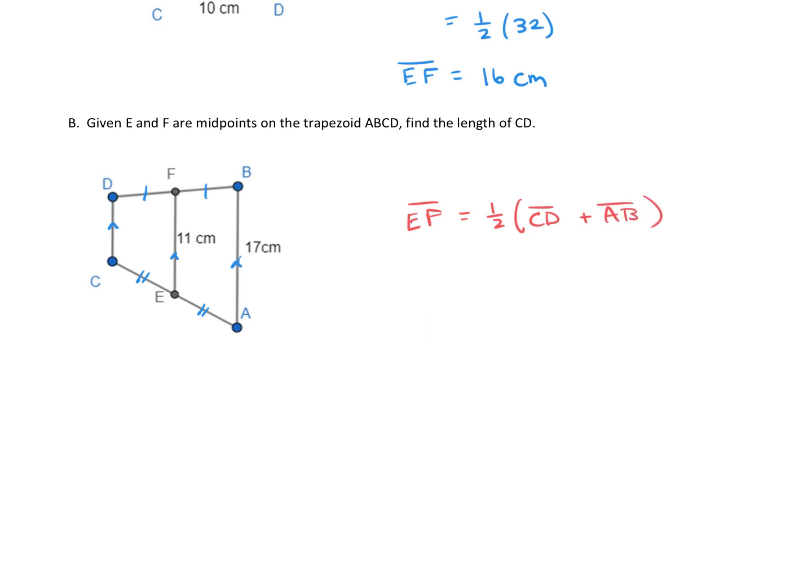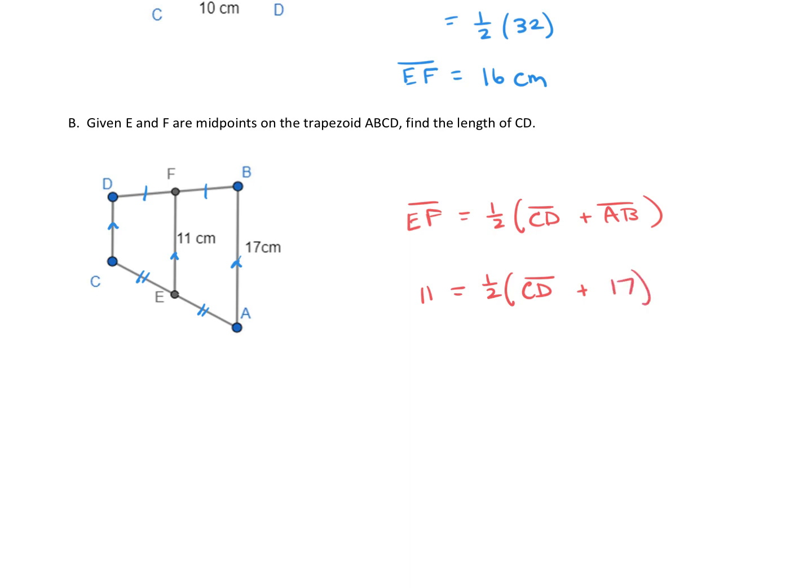And let's plug in what we know and solve for what we're missing. Do we know how long segment EF is? We look at the picture. Here's EF. That's 11 centimeters, so we're going to replace that with 11 times half of, do we know what CD is? That's what we don't know. That's actually what they're asking us to find. So we're just going to leave that segment CD plus segment AB right here, we've got 17 centimeters.